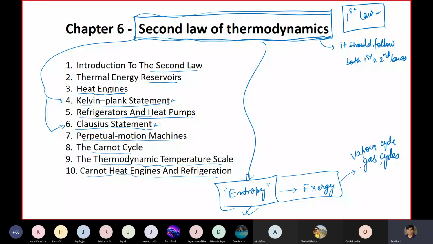So these things we will discuss after we finish exergy and entropy. Okay, and then it may conclude our thermodynamics course. So still far more to go.